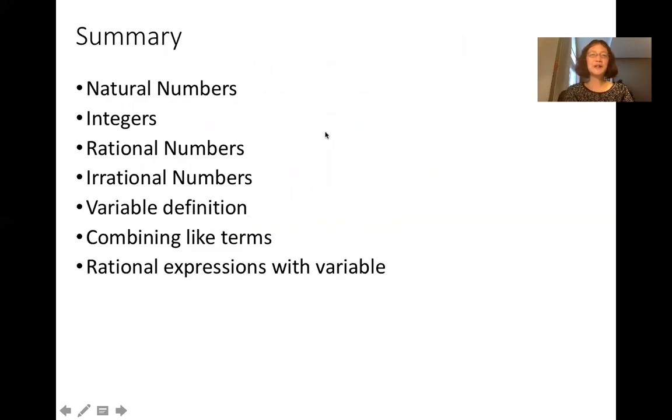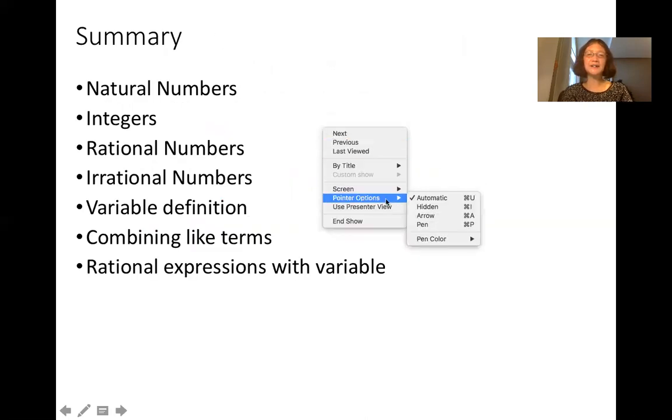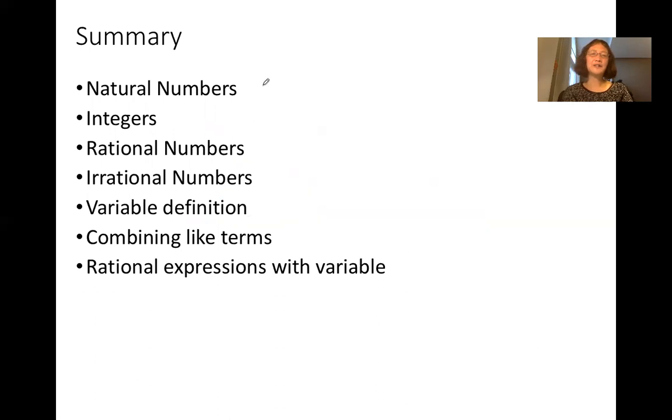So in summary, what we did in this lecture, we went over the natural numbers, like 1, 2, 3. The integers, which are the natural numbers plus 0, plus the negative whole numbers, negative 3, negative 2, negative 1. Okay. The rational numbers are numbers that can be expressed by a ratio. Irrational numbers are numbers that cannot be expressed by a ratio.